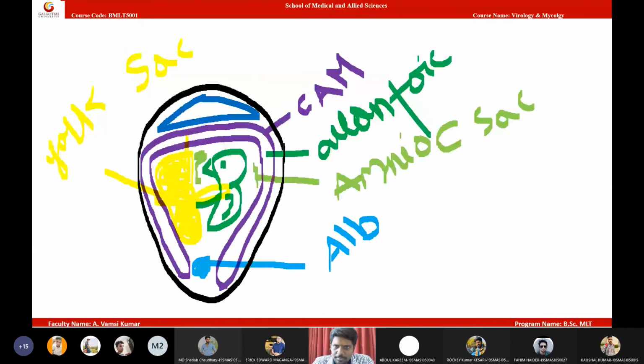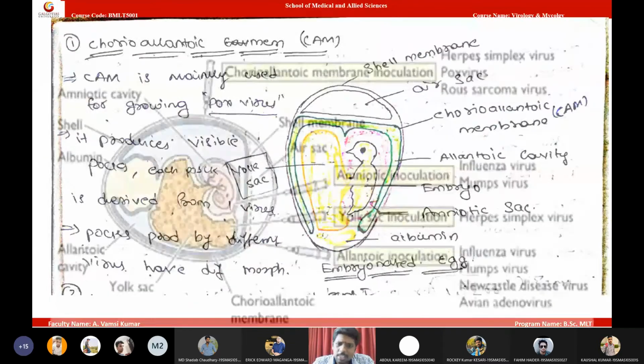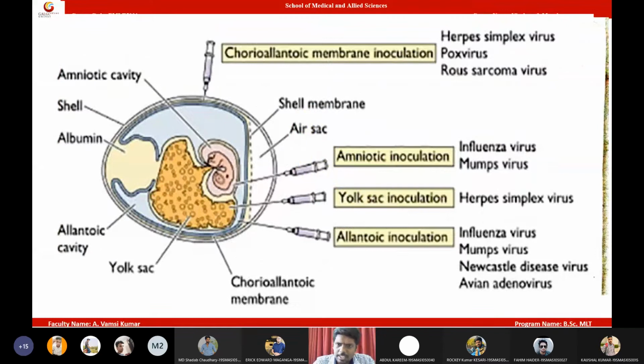Similarly, various viruses will be inoculated in various sites. For example, the yolk sac is used for growing herpes simplex viruses. All your herpes alpha, beta, gamma viruses can be grown in the yolk sac region of the egg. Whereas your influenza virus, believe it or not, students, influenza is one of the deadliest viruses, and we have vaccines for influenza.